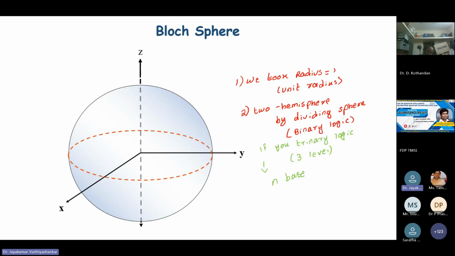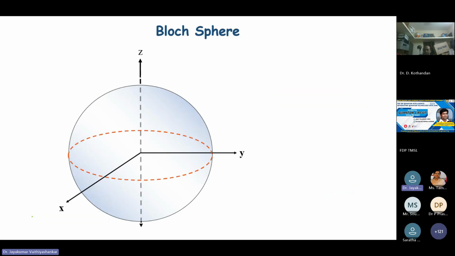If you are representing an n base system, it will denote a QD, quantum digit. This is the most advanced concept, where you can reach n number of levels. This is the ultimate aim of quantum. For a beginning purpose, we stick to binary logic. If the system is successful, we can extend up to n number of bases.